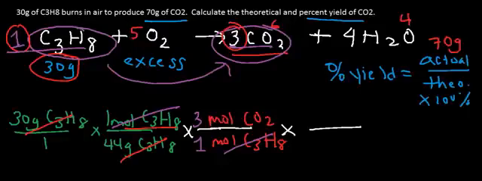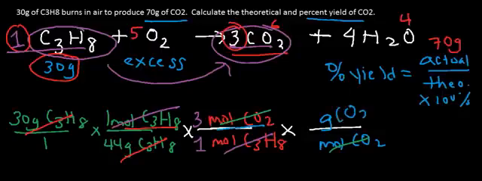Carbon has an atomic mass of 12, oxygen is 16, and there's 2 of them, so that's 32 plus 12, that's 44. Now, because we have moles of CO2 on the top left, we need to put moles of CO2 on the bottom right. We want those units to cancel. So therefore, grams of CO2 has to go on top. And we said the molar mass of CO2 is 44. So that means that there's 44 grams of CO2 per 1 mole.